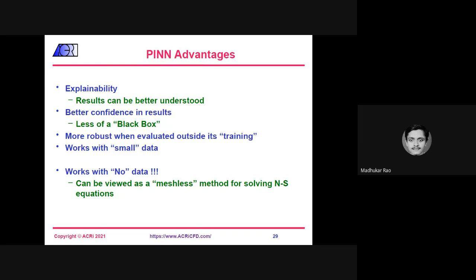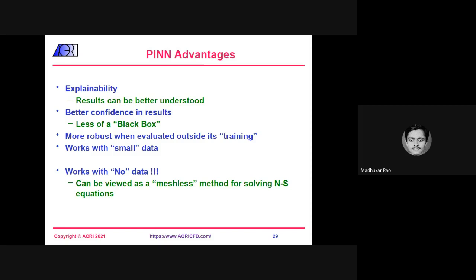So the explainability of the results is very important for most of us, especially if you're a designer designing a new product. You are very cautious and conservative about adopting new methods and new technologies until they are proven, right? So it gives you better confidence in the result.